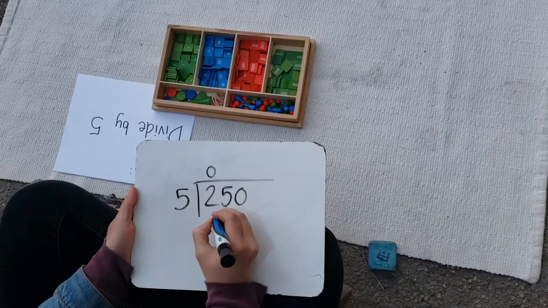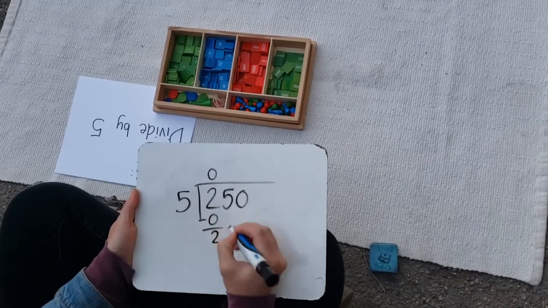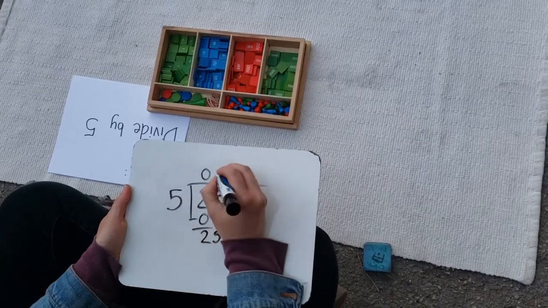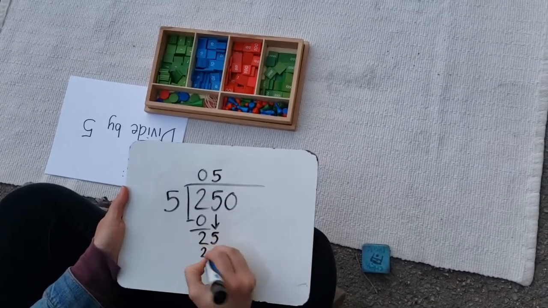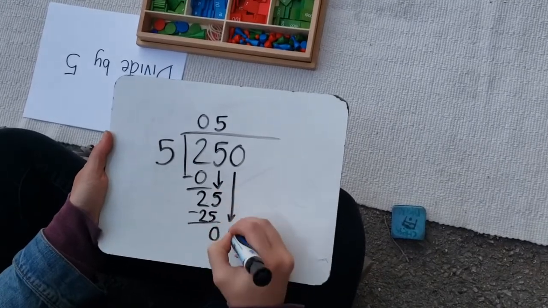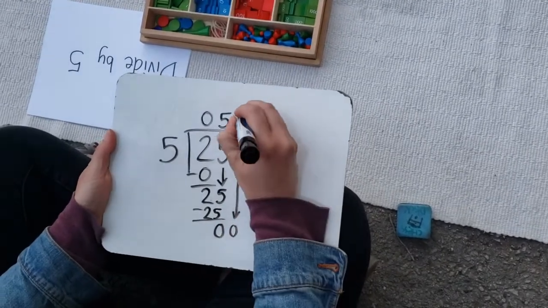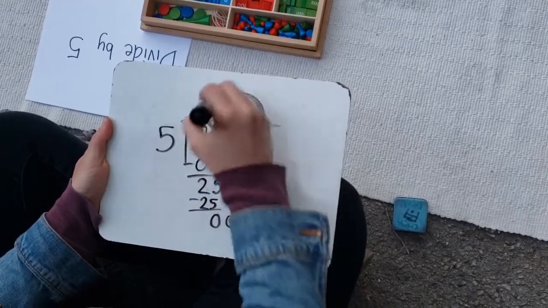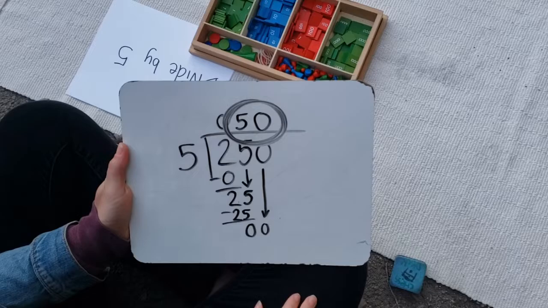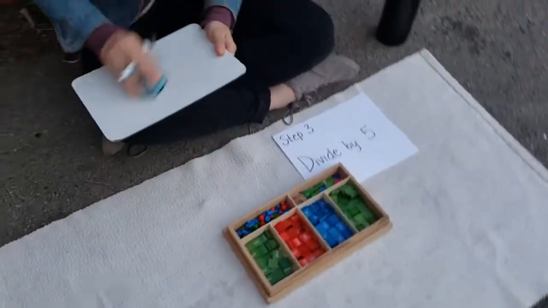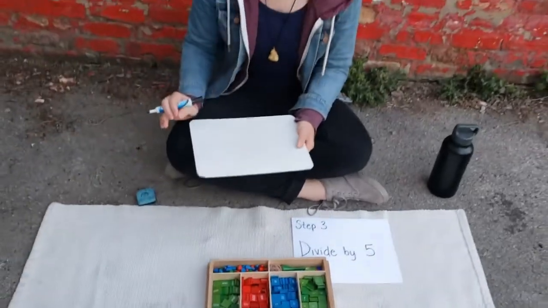Then 5 goes into 25 five times. 5 times 5 is 25. If we bring down the 0, our answer is 50. So our answer here would be 50 degrees Fahrenheit.